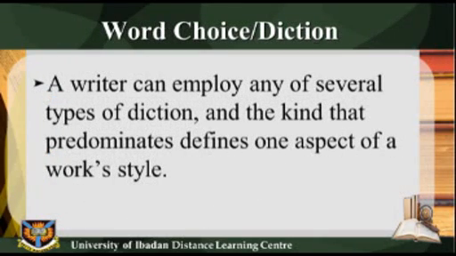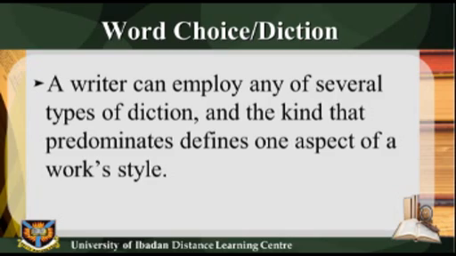A writer can employ any of several types of diction, and the kind that predominates defines one aspect of a work's style. The words selected by a published author, or by you as a student writer, affect the way the work articulates the subject as well as the sound, rhythm, and feel of the writing.